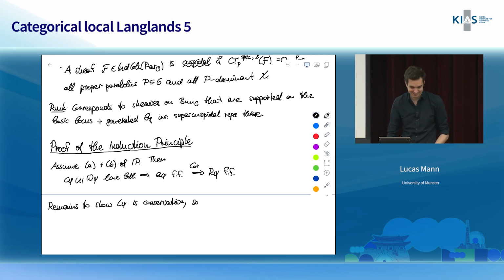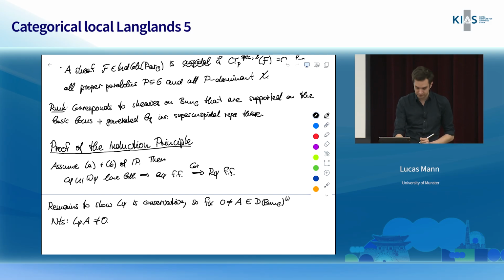Sorry, yes, it will hopefully be non-zero. So we fix something that is non-zero. And because we know that L psi and R psi preserve compact objects, I can restrict to the case that A is actually compact. So we need to show that L psi A is not 0.